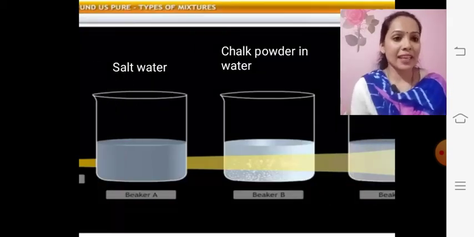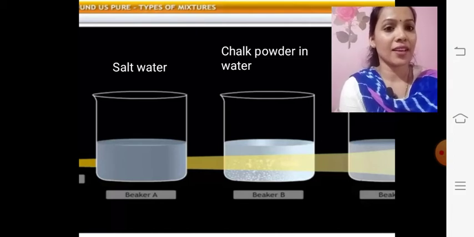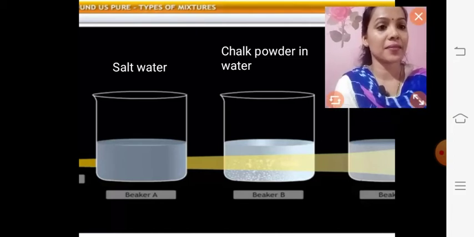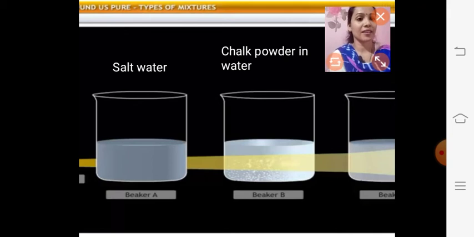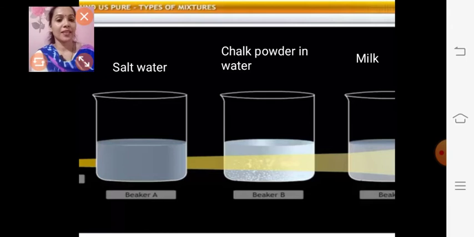Now, you can see 3 beakers. In these 3 beakers, the first sample is salt water, the second sample is chalk powder mixed with water, and the third sample is milk.